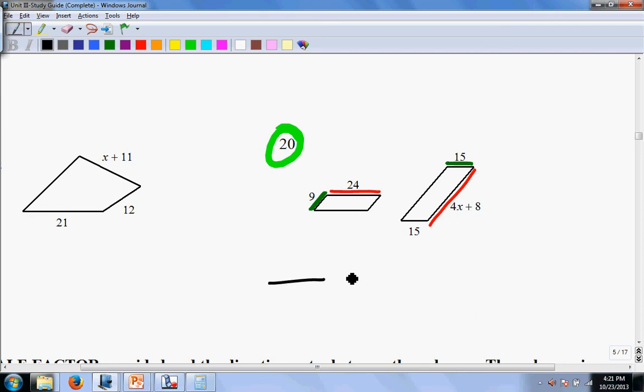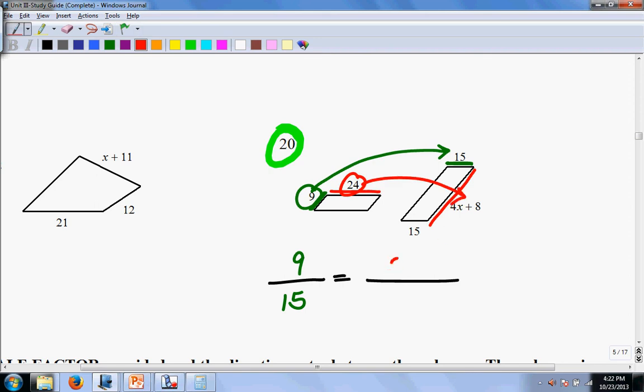Now I'm going to set up a proportion. It doesn't matter whether I go 9 to 15 or 15 to 9. What does matter is you stay consistent. I always go left to right. So I'm going to go 9 to 15 equals 24 to 4x plus 8.